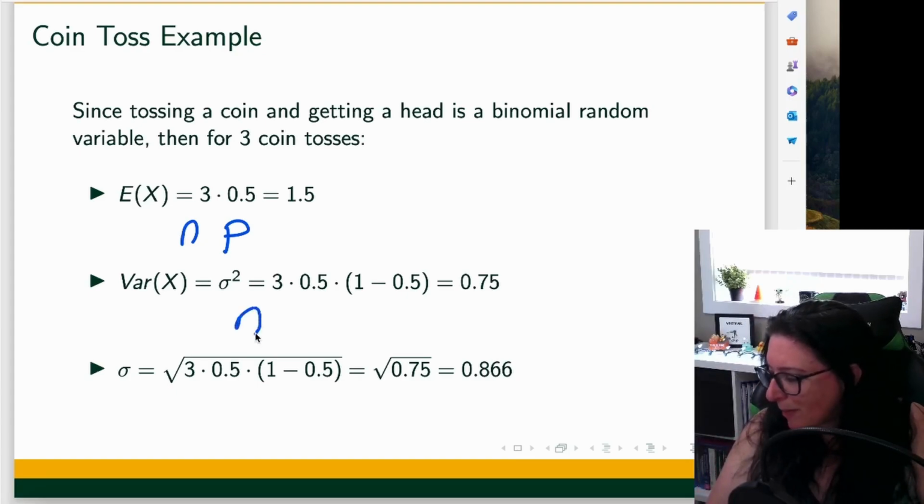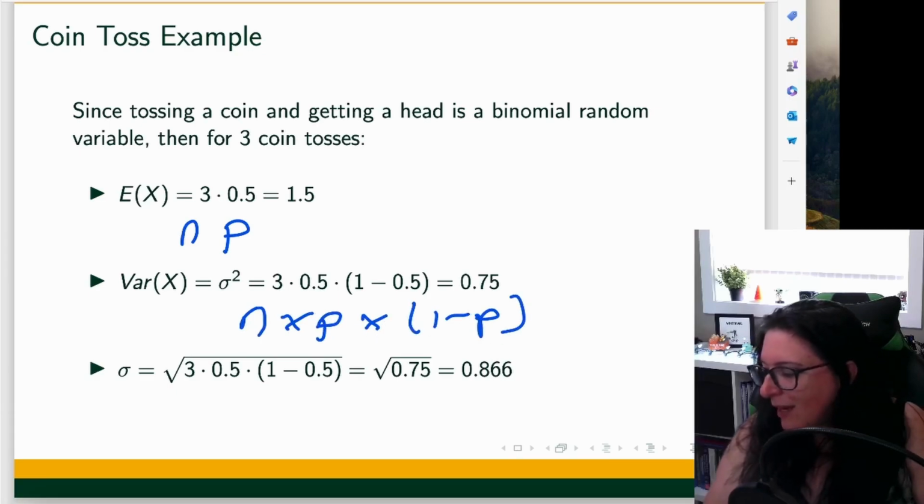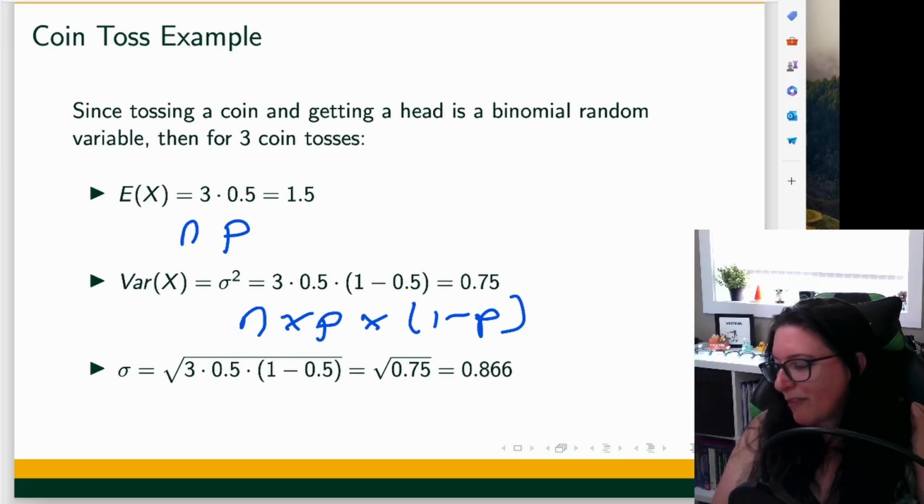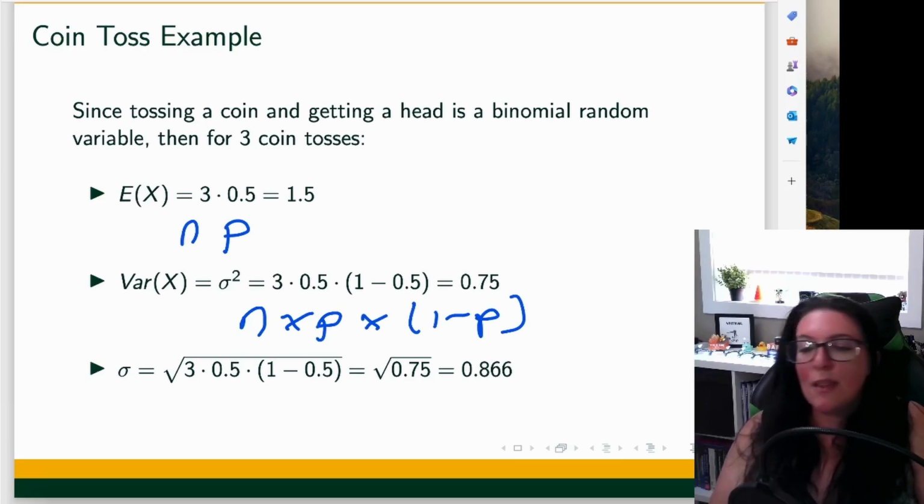With the variance, remember it's n times p times 1 minus p. Before, we found the variance was 0.75. You can see that through the formula as well: with 3 coin tosses, the probability of heads is 0.5 and the probability of tails is 1 minus 0.5, which gives 0.75.